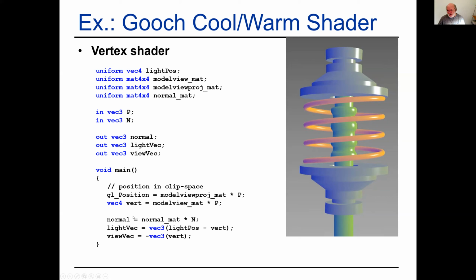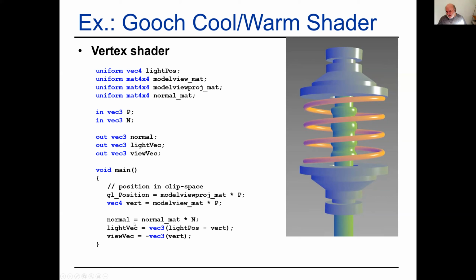Then we also compute the normal vector, but we don't transform that with the same matrix, but with a different transformation matrix. That's typically the transpose of the inverse, as we've discussed. So here we transform the normal by its matrix, which we assume is the transpose of the inverse.